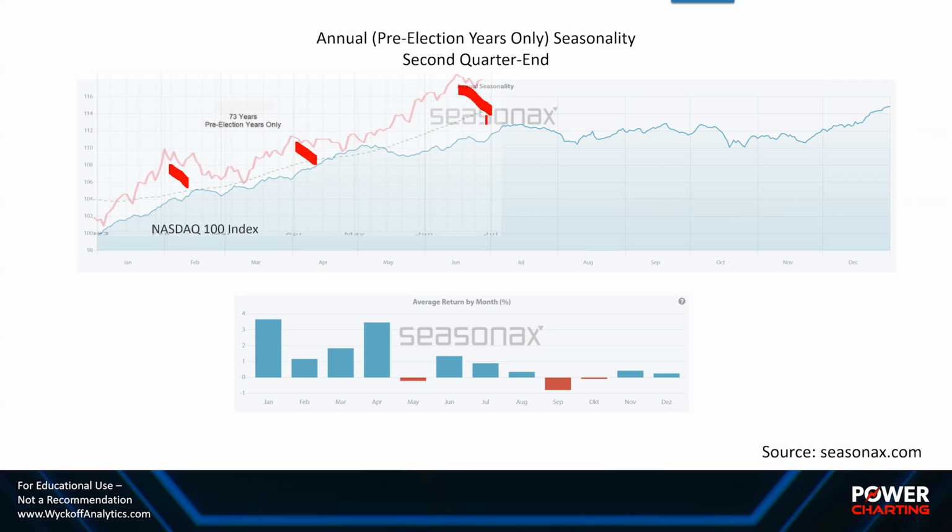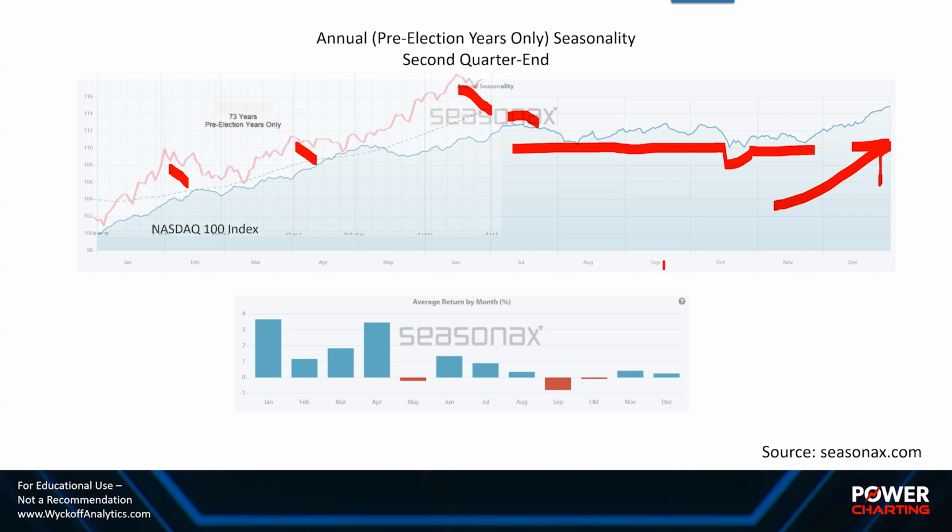That could be the case here, but it's possible that we could get into this mid-July period, which would be in the quarter end window. And then after that, range bound. Now, I have a feeling here, look at that beautiful spring and then upward bias into the end of the year. And this is for pre-election years only, going back 73 years.